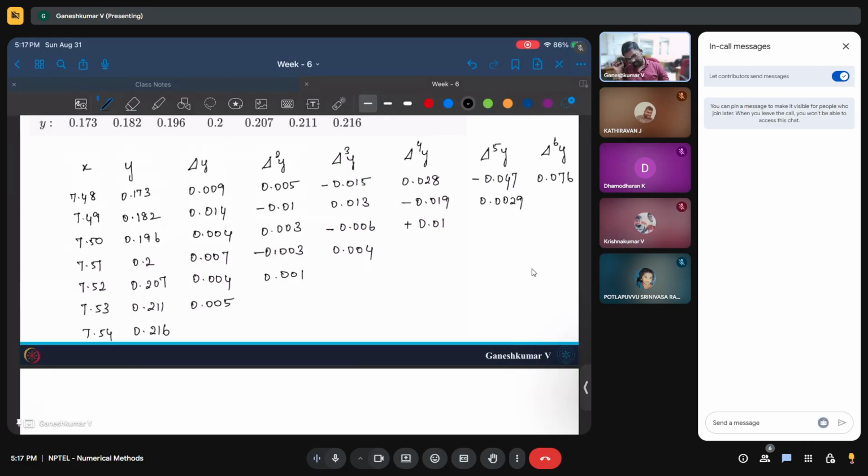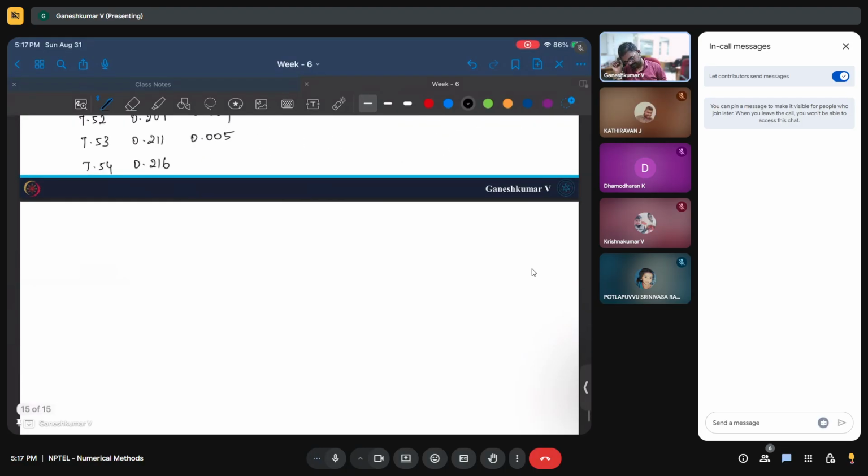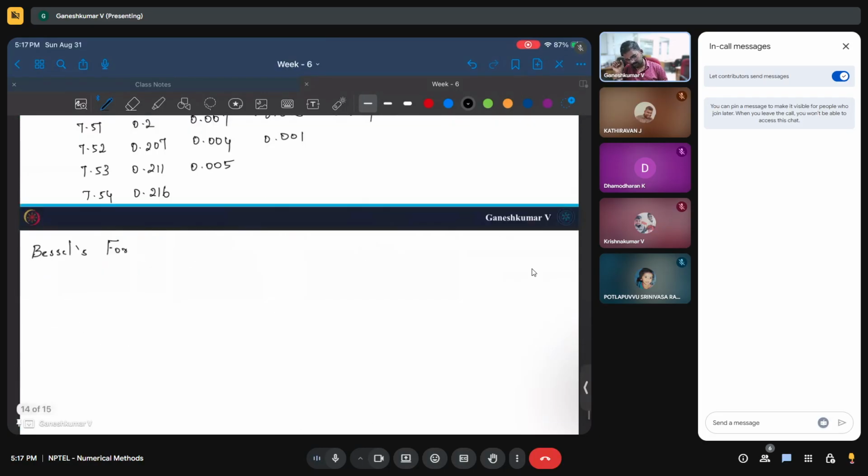Now let's write the Bessel's formula. What is the Bessel's formula?